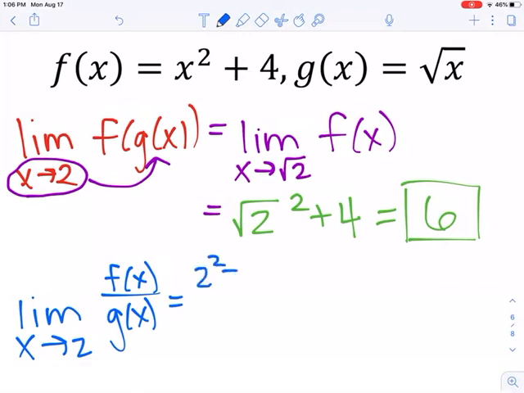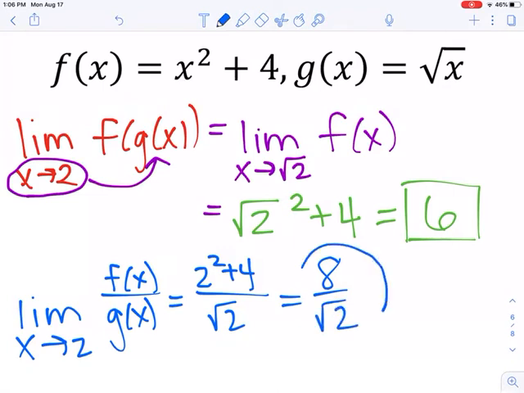So plug 2 in for f to get your numerator, and then plug 2 into your g for your denominator, and your limit would be 8 over radical 2. And just like I said earlier, you don't have to reduce that. You can leave it unsimplified, which is awesome.